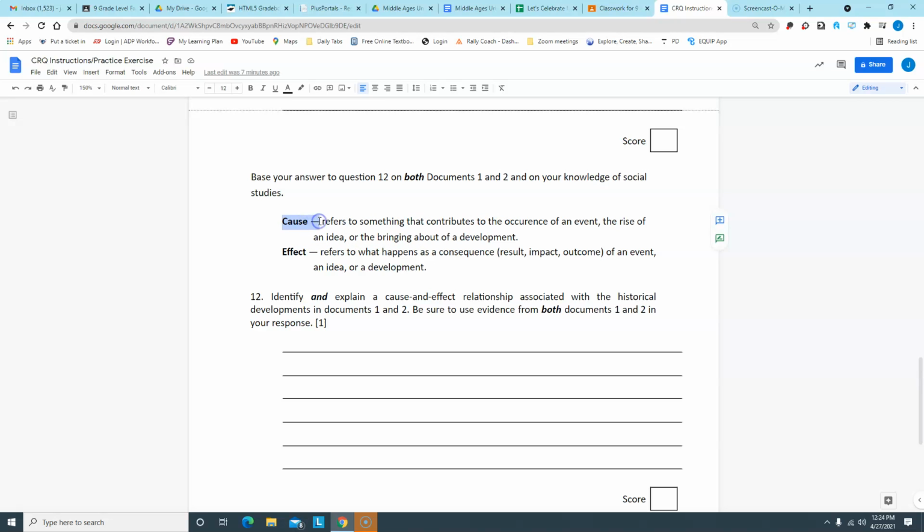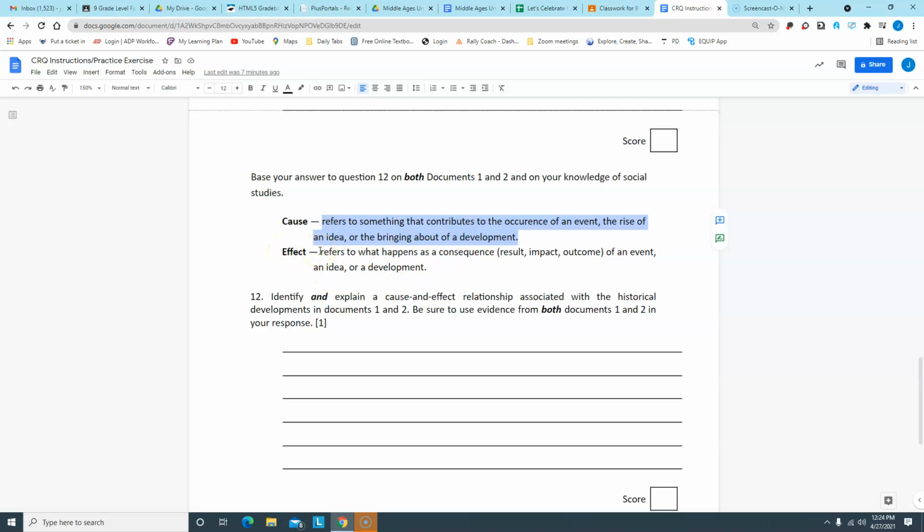This defines cause for you. What is a cause? A cause refers to something that contributes to the occurrence of an event, the rise of an idea, or the bringing about of a development. What is an effect?